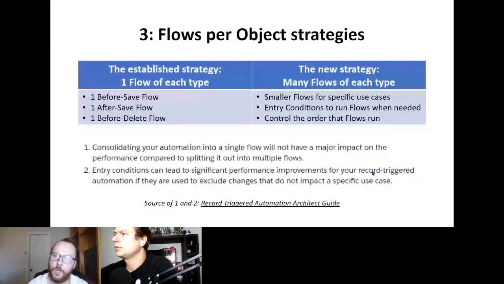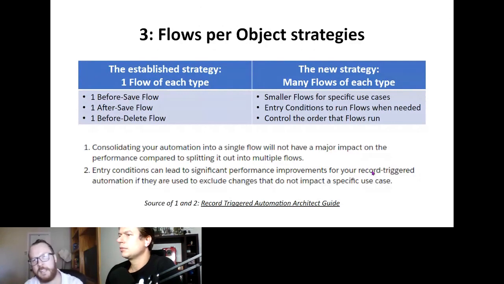Now, what we've seen recently with Flow, and especially I think it's 2 releases back now, is really some game-changing features. A couple of releases back, we were given the ability to control the order in which our flows run. So that problem that was making everyone use this established strategy is really no longer a problem.